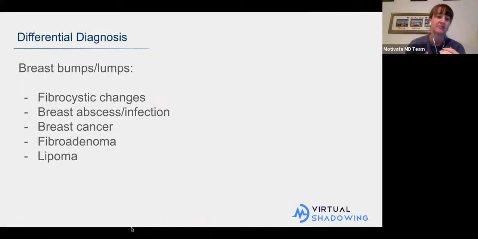Also on this differential, the next thing is a fibroadenoma. A fibroadenoma almost exclusively happens after some sort of trauma to the breast tissue, especially in areas of our body that are essentially just fat cells. Most of a woman's breast, other than the lobules and ducts, is largely fat cells. So if she were to run into a table or a door and hit her breast, she'll probably get a nice bruise afterwards, but she can also have a fibroadenoma develop.